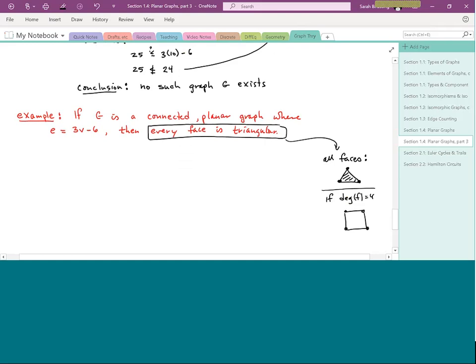It's just harder to picture. If you have a face inside of that square, so pretend you've got this graph, and maybe the graph is a lot bigger and this is just one face, or maybe the graph is just those 4 vertices and those 4 edges. Could you add in an extra edge and still have the graph be planar and connected?